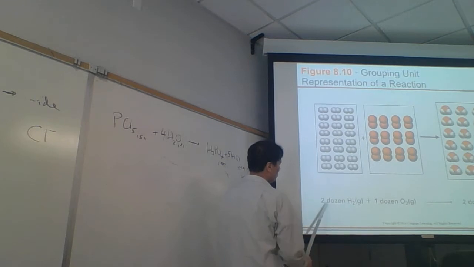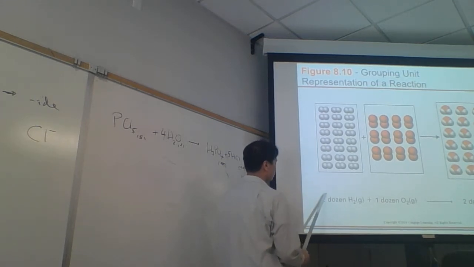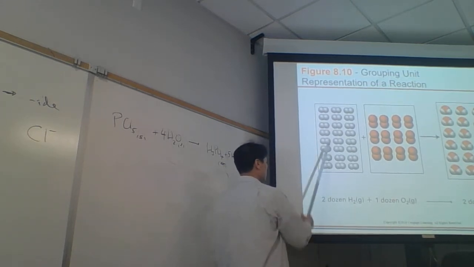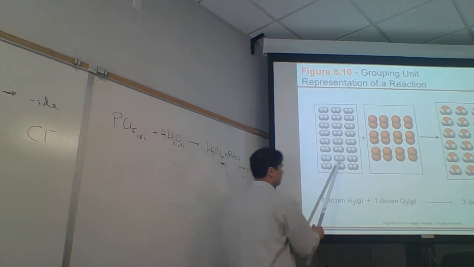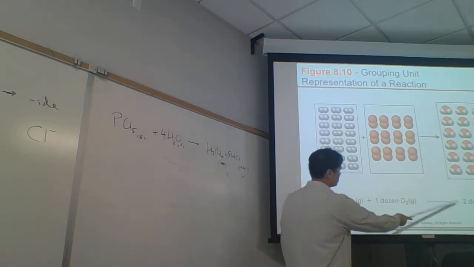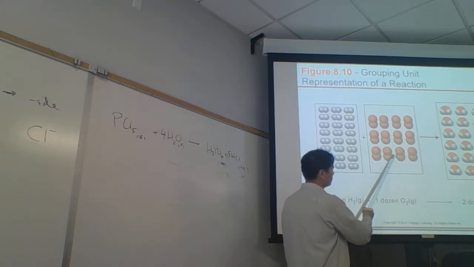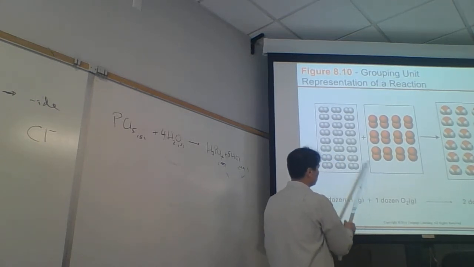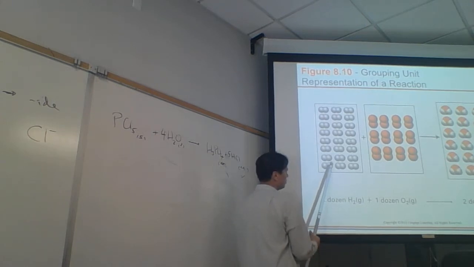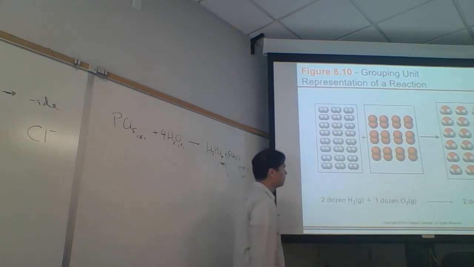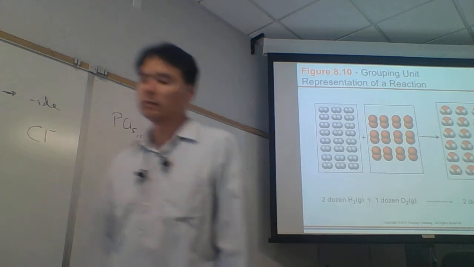Normally we do moles, and so the two ways of visualizing this are by mole. Rather than 24, we have 2 moles, 1 mole yields 2 moles worth. And a mole is 6.022 times 10 to the 23rd, because Avogadro's number is worth 2 dozen, or 2 moles, actually 2 moles would be double that, 2 moles of water.